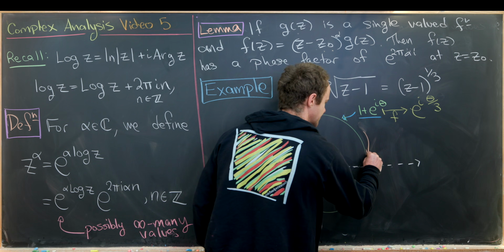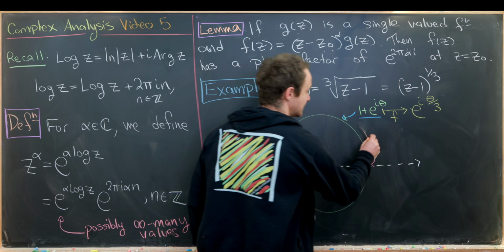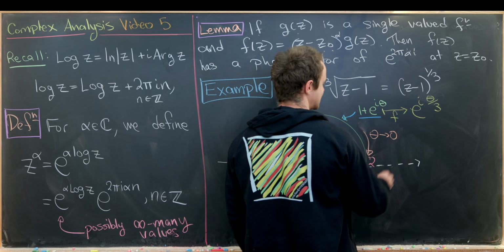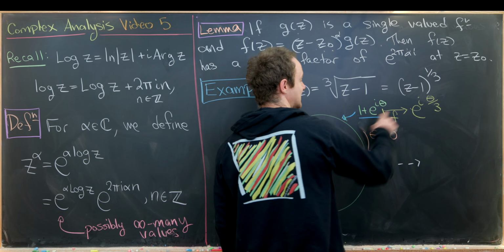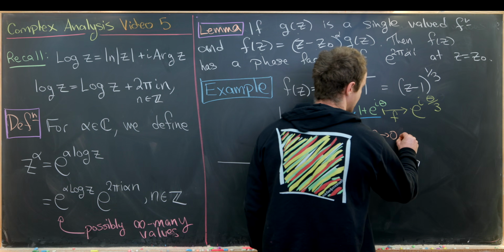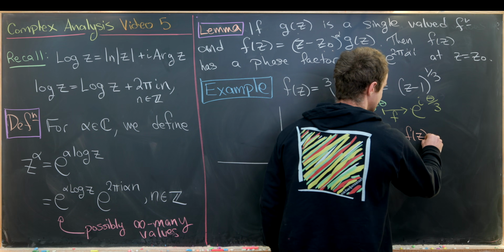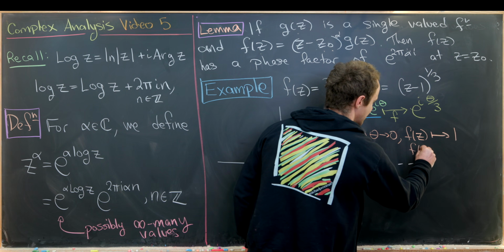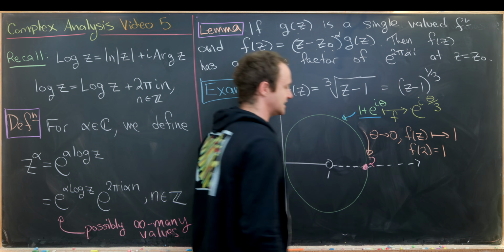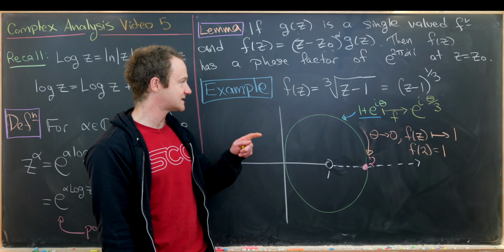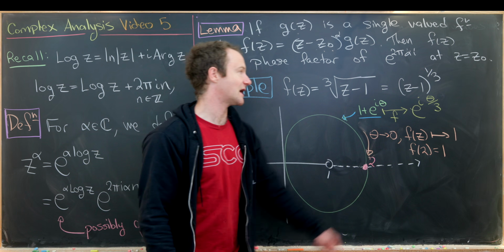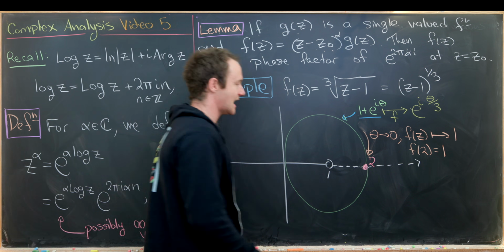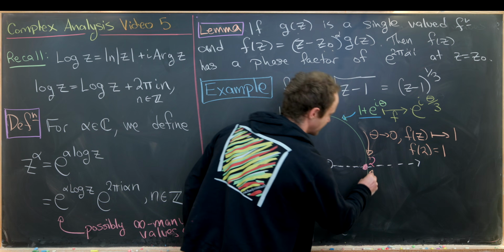Let's approach from this above direction, which is as theta approaches 0. As theta approaches 0, we get e to the I 0, which is 1. So here f of z is approaching the number 1. That gives us some motivation to say f of 2 is equal to 1, which makes sense because the cube root of 2 minus 1 would be 1 from a calculus class. Now let's see what happens as we approach from this direction.